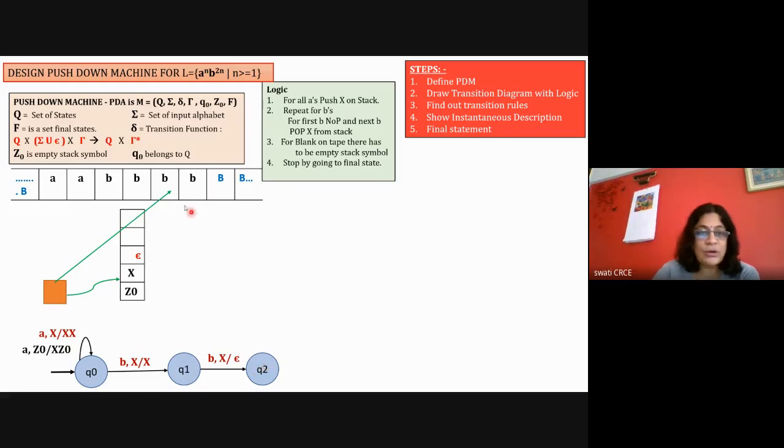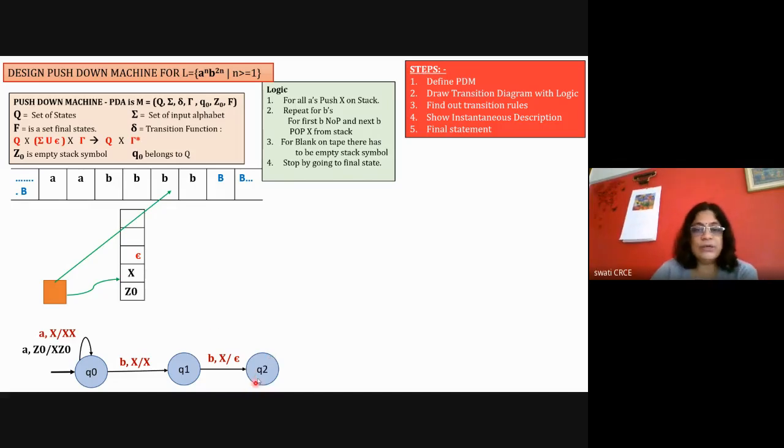And then again it has to perform the no operation. So here I am having a loop. With no operation it is going to Q1, and with the first B it is going to Q1, with the second B it is doing the pop operation. So from Q2 with one more B it will do the no operation, and then with the next B it will perform the pop operation. So this will be a loop here.